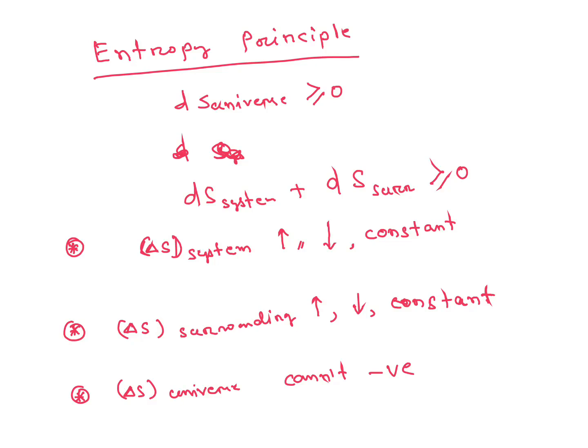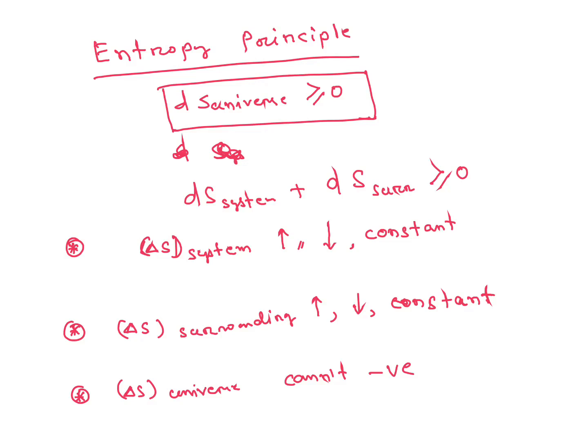Same for surrounding also. But the overall change in entropy for the universe cannot be negative. It may be 0 or greater than 0. This is the entropy principle: change in entropy of universe is greater than or equal to 0. It can't be negative.